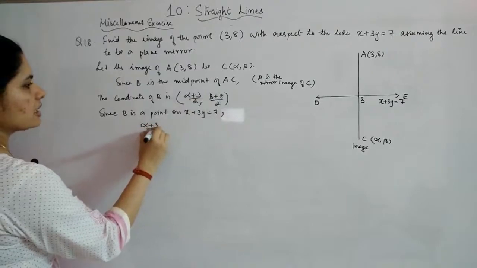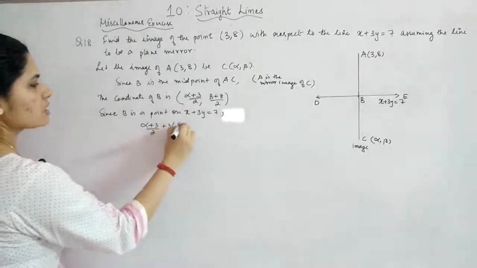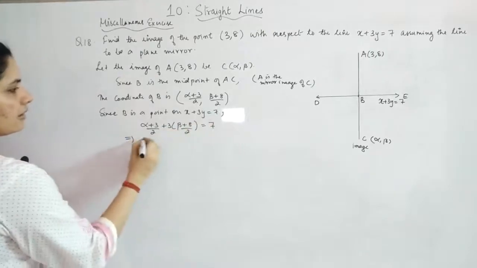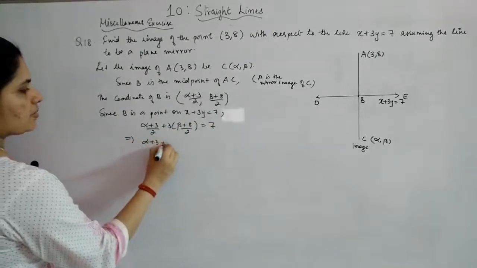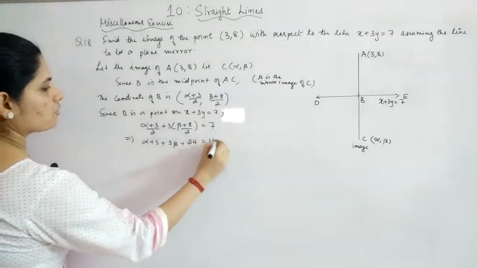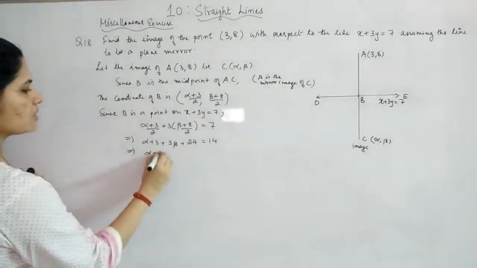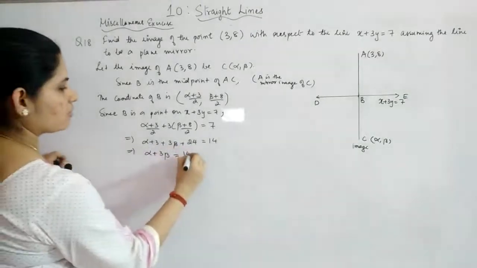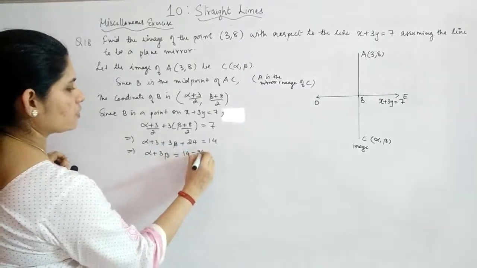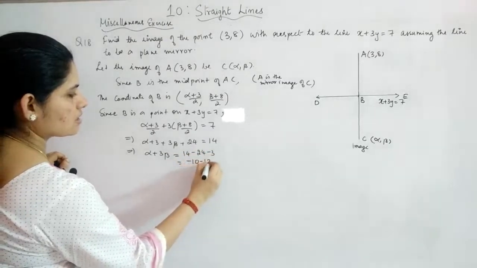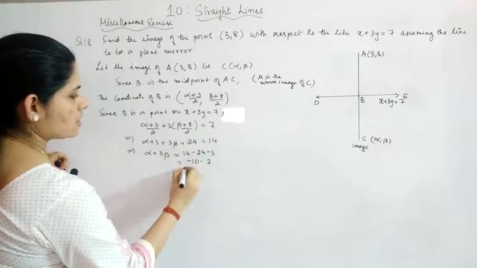Alpha plus 3 by 2 plus 3 into beta plus 8 by 2 is equal to 7. So you will get alpha plus 3 beta plus 24 is equal to 14, or alpha plus 3 beta is equal to 14 minus 24 minus 3, this is minus 10 minus 3, which is minus 13.